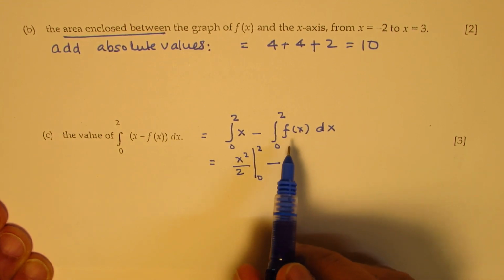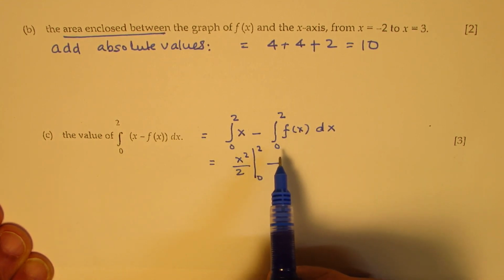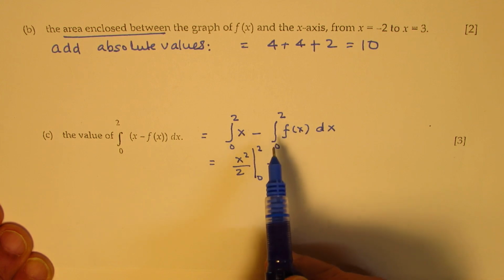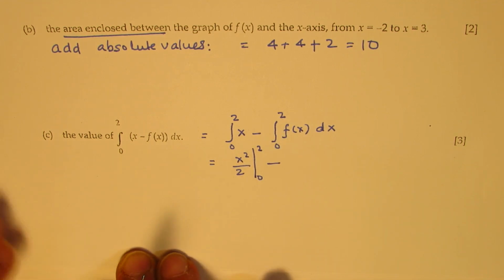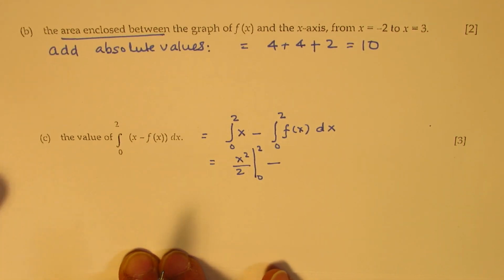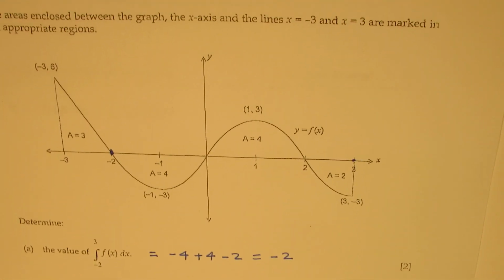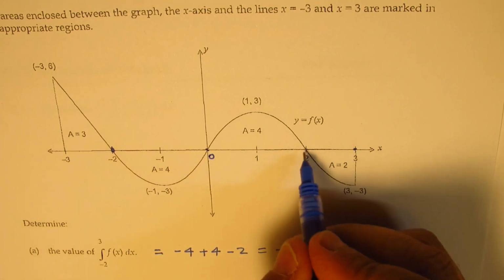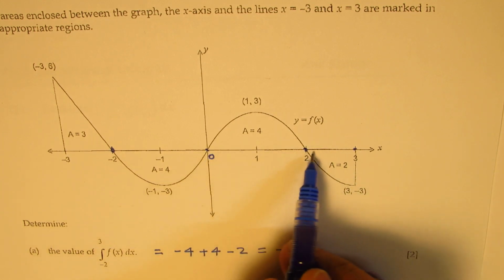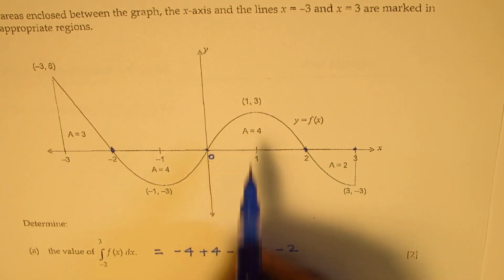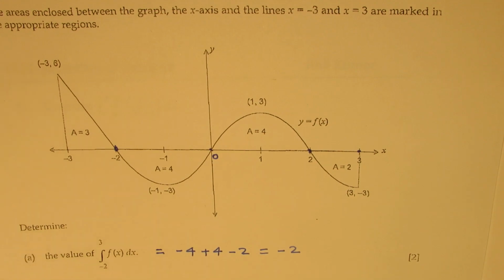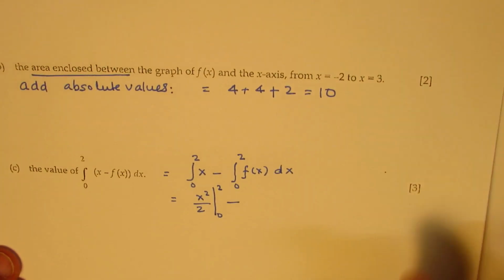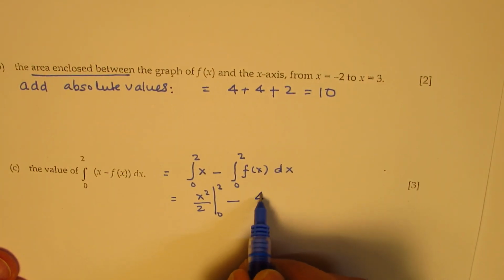Minus, we have already found the value from 0 to 2, so let's go back to the graph. That's the area enclosed, right? From 0 to 2, the area enclosed is 4 positive. So we'll write here minus 4. Is that clear to you?